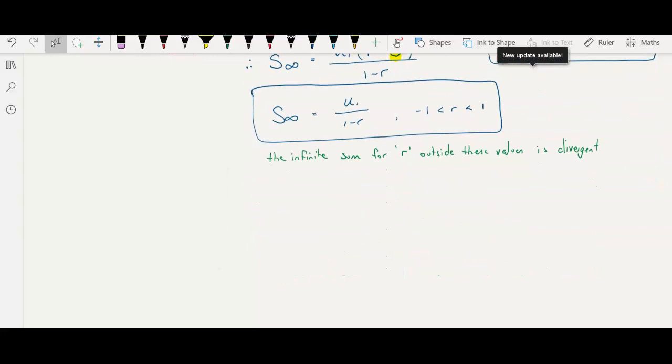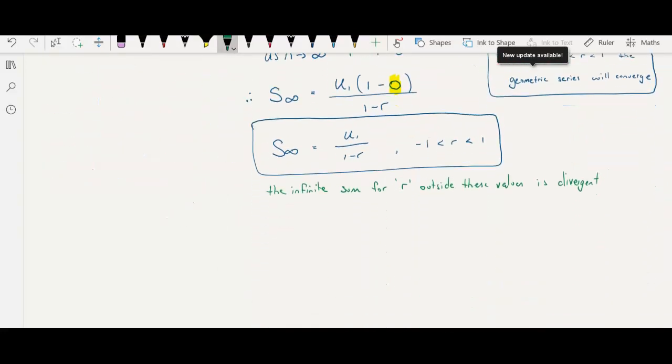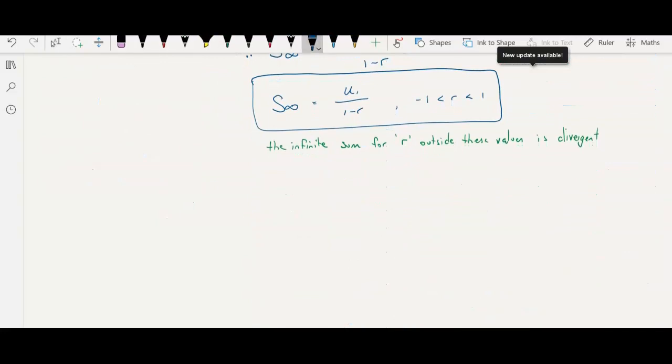Let's use this sum here as an example. Say, for example, find the infinite sum 8 plus 4 plus 2 plus 1, and on we go.